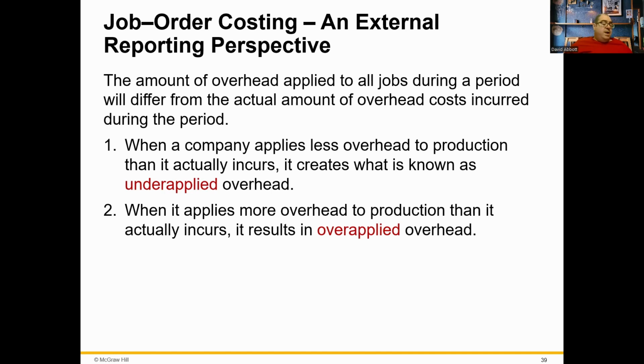So when a company applies less overhead to production than it actually incurs, it creates what is known as underapplied overhead. Now, when it applies more overhead to production than what actually occurs, it results in overapplied overhead.